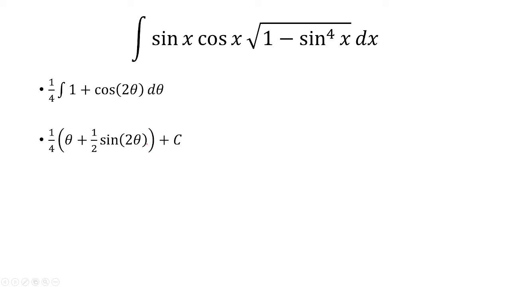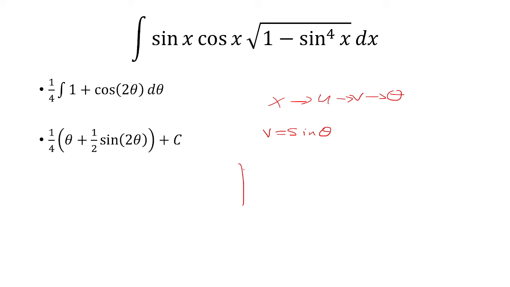Now I'm going to be going backwards. So we made a couple substitutions. We first started with x, then went to u, then v, then theta. So we said recently that v is equal to sine theta.